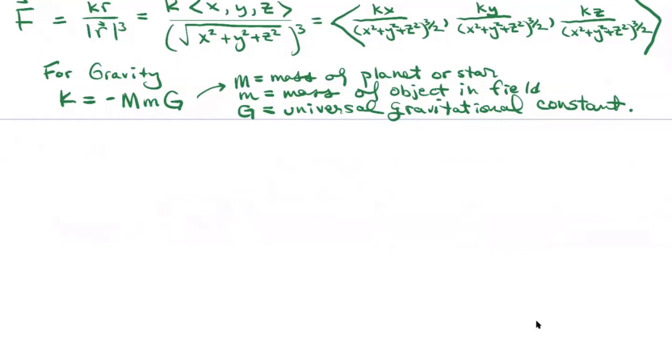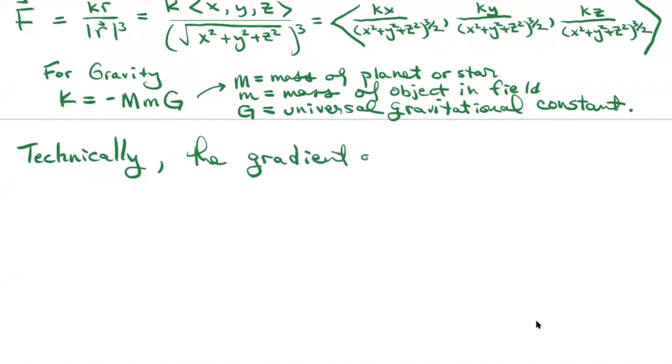Let's go ahead and do the very last thing. So technically, the gradient of a scalar valued function is a vector field. And this is actually really important.